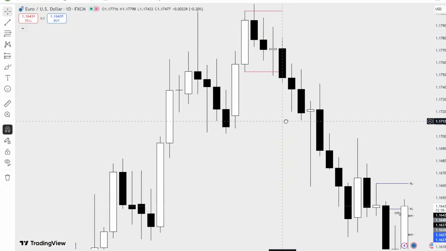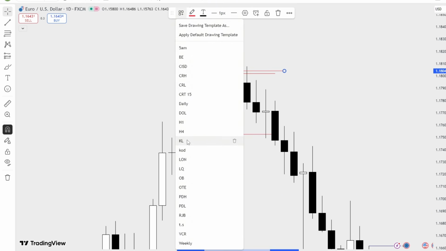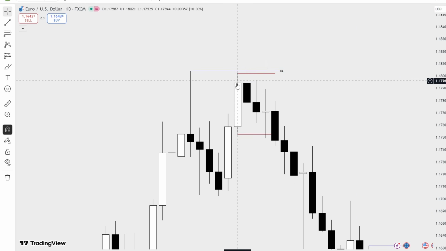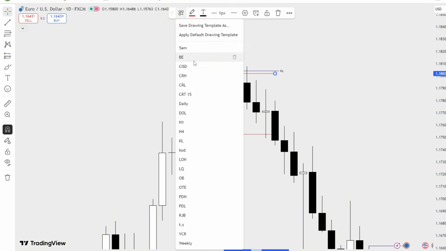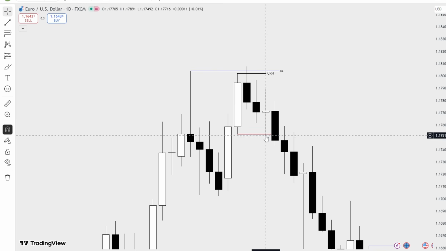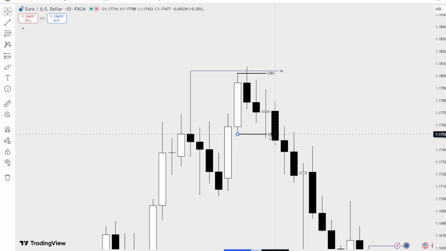So like this, you have this candle right here, and you have a key level. Okay, you have a strong liquidity point right here. Okay, so you have a key level right here. Okay, key level. You have your CRT. Okay, candle range high, and your candle range low right here.